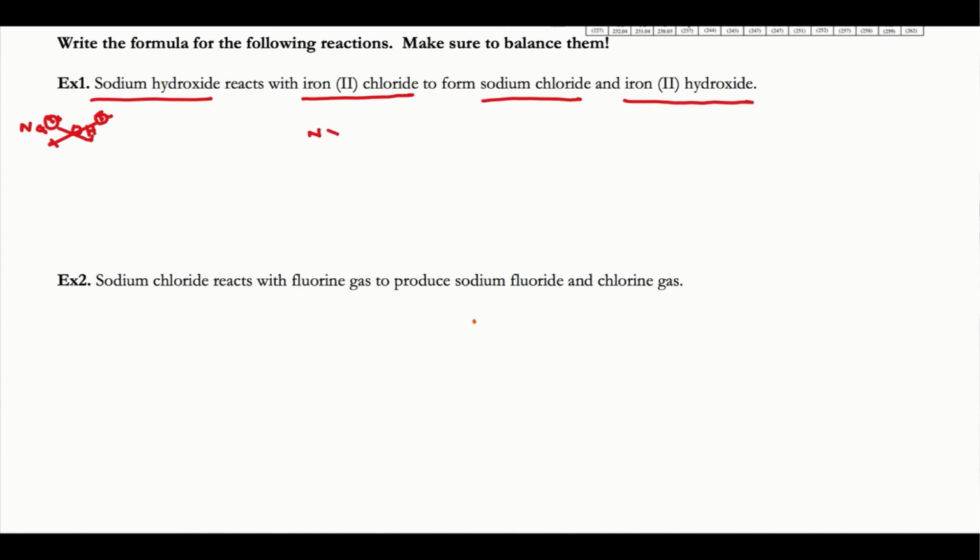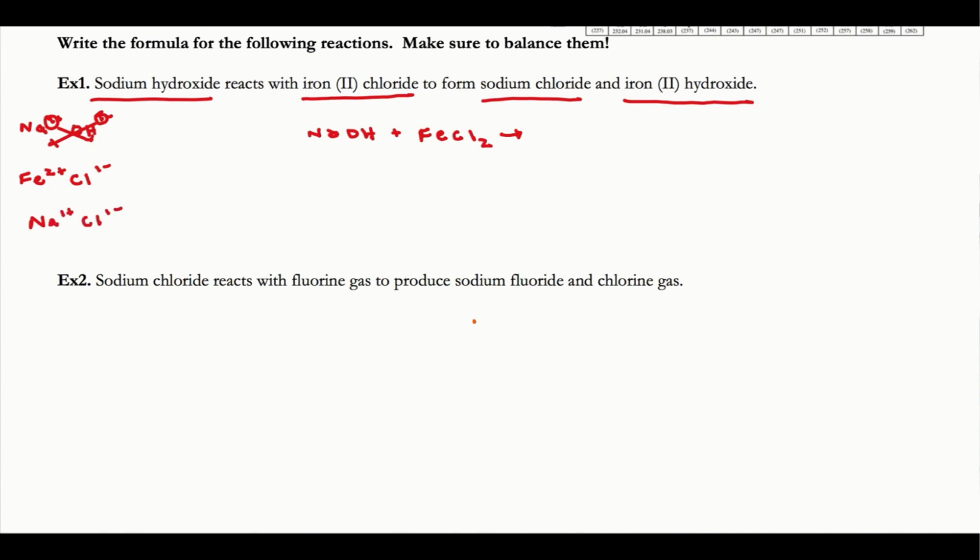So I'm going to write this over here. So NaOH is one of my reactants. One of my other reactants is going to be iron 2 chloride. Okay? Chloride is Cl with a -1 charge. So when I cross my charges, I get FeCl2. Okay? That produces sodium chloride. So Na has a +1 charge. Chlorine has a -1 charge.